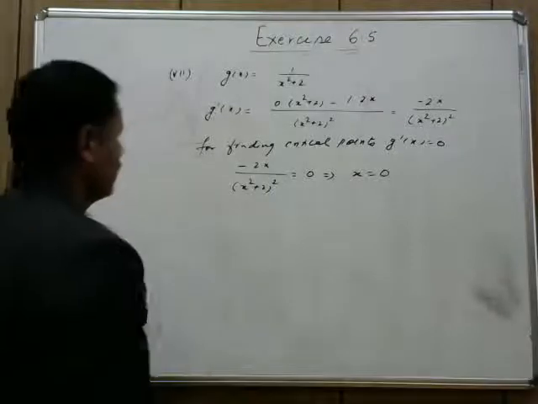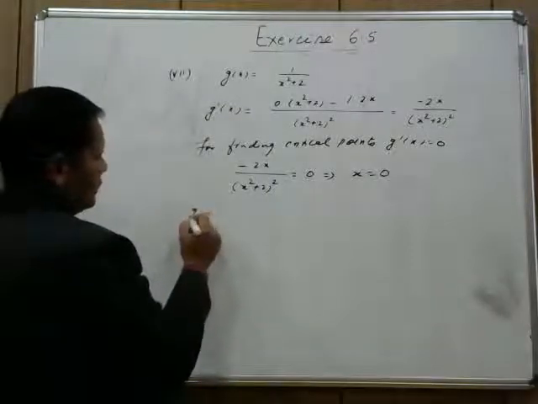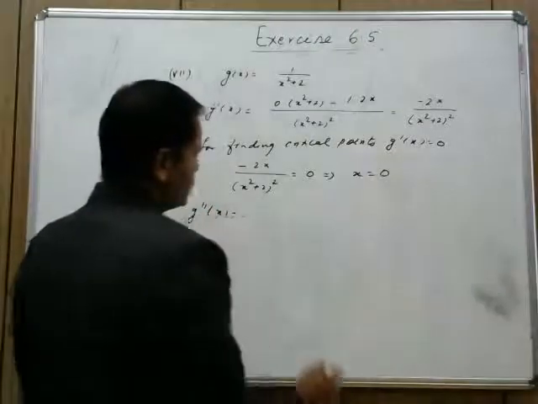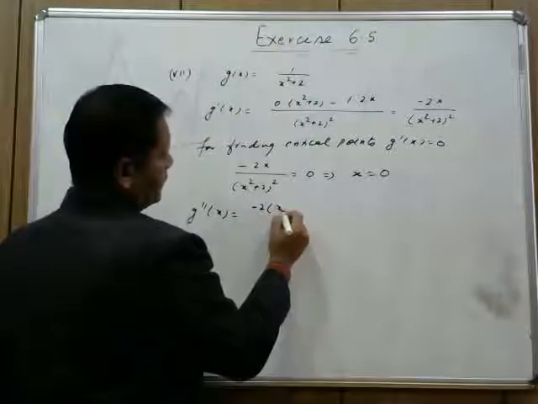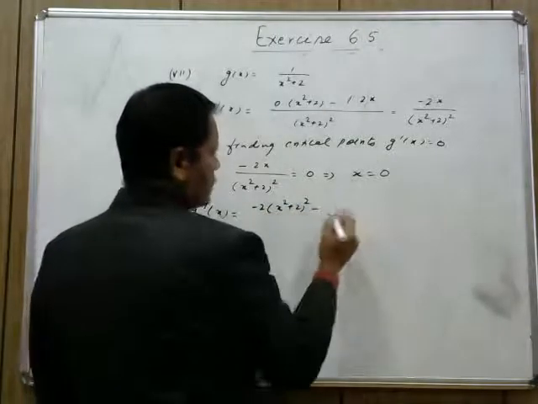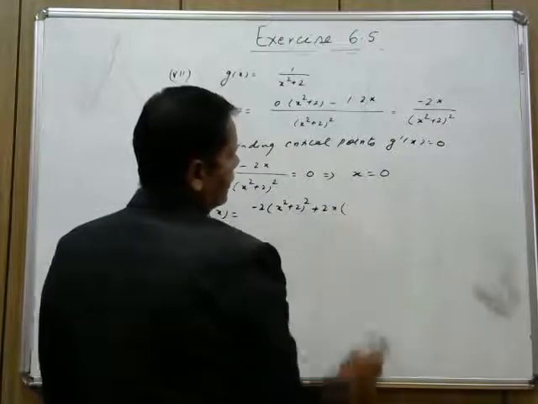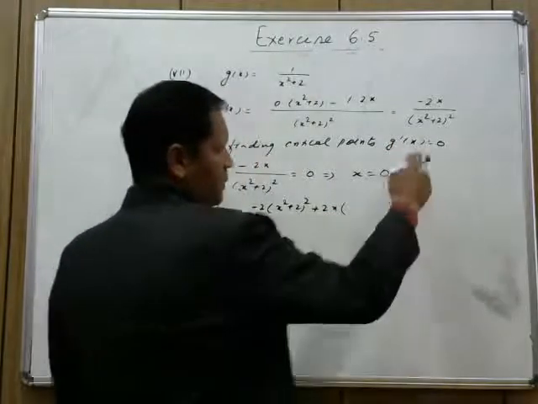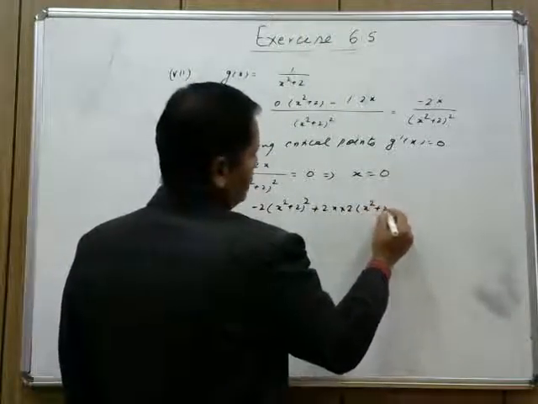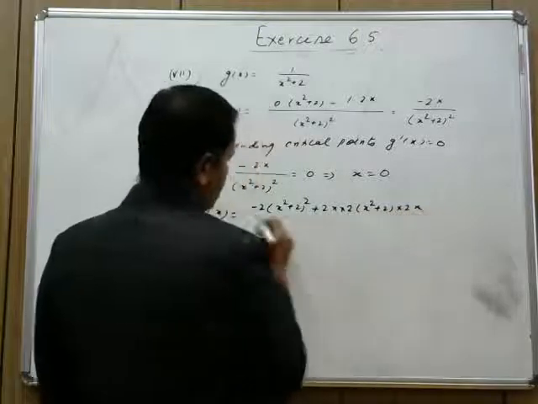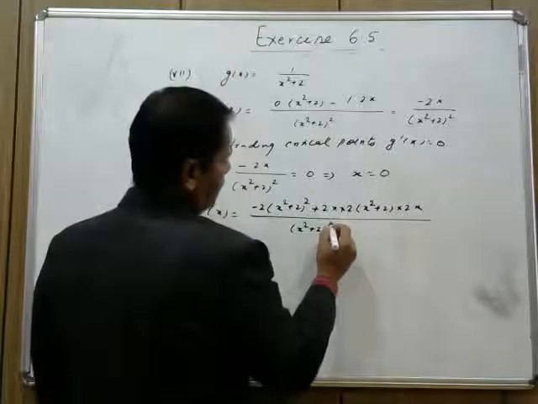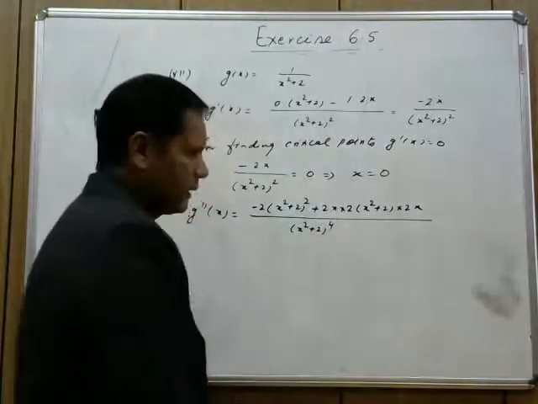Right? So now we'll find out the double differentiation. Now g double dash of x is equal to the differentiation of minus 2x over x square plus 2 whole square. Minus 2x becomes minus 2 into x square plus 2 whole square, minus 2x into the differentiation of x square plus 2 whole square. Can I write 2 into x square plus 2 into 2x, whole divided by x square plus 2 to the power 4, whole square.